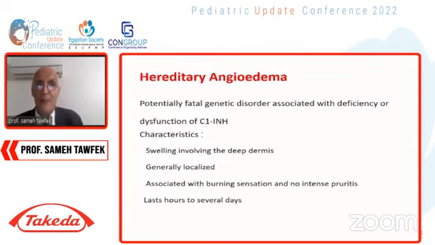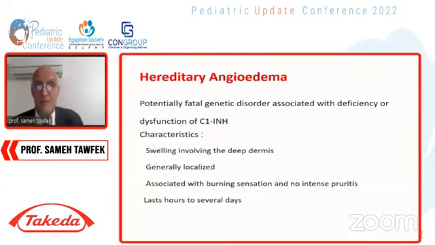Hereditary angioedema is a potentially fatal genetic disorder associated with either deficiency of C1 esterase inhibitor or dysfunction of C1 esterase inhibitor. Dysfunction of C1 esterase inhibitor means the level is normal but not functioning as it should.